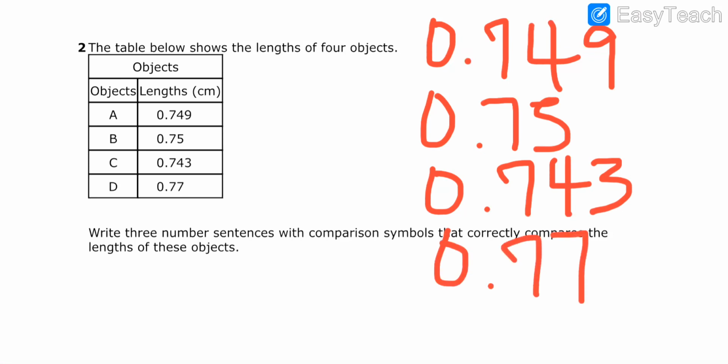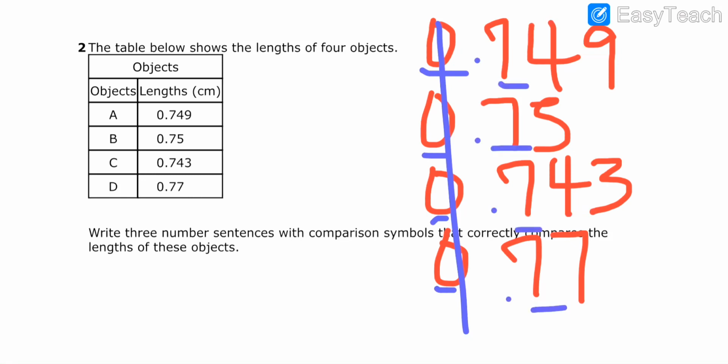And so the technique basically is to compare from left to right. Starting in our ones place, of course, all of those numbers are zeros, so we can't use that to compare. And then if we look in our tenths place, all of those numbers are 7, so they're equal. So what should we do next? We should definitely move over to the hundredths place to compare.